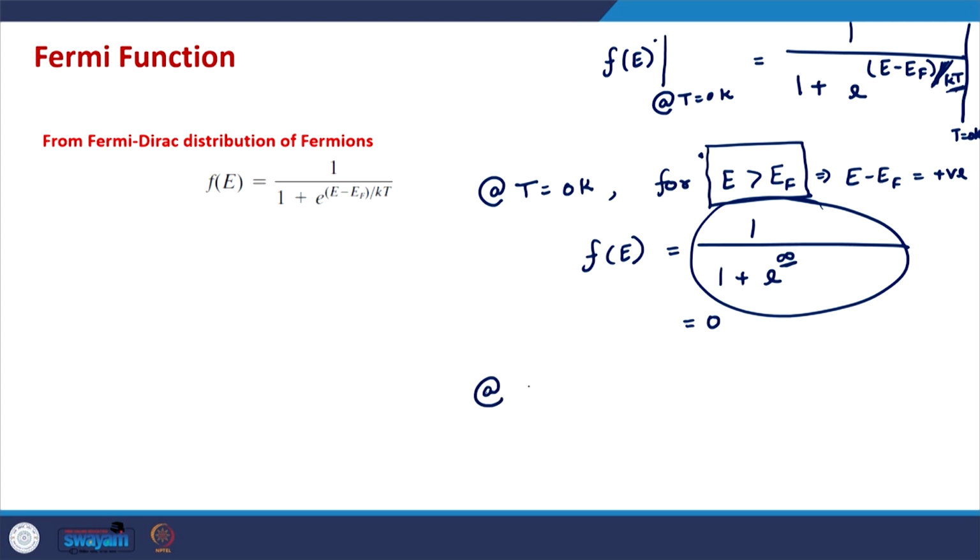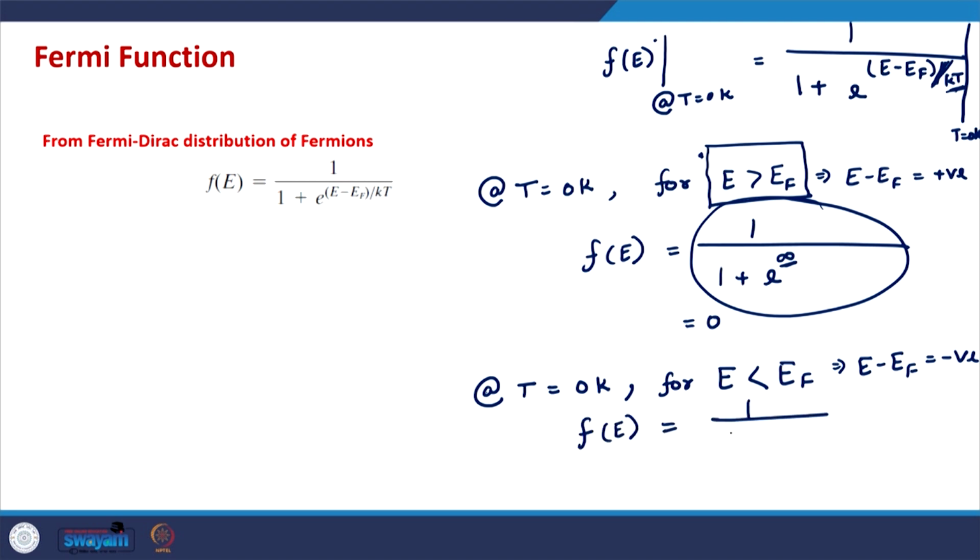Now, let us see what happens to energy levels below EF. So, at T equal to 0 Kelvin, for all energy levels that have energy less than EF, E minus EF will be negative, and the Fermi function will be 1 by 1 plus exponential of minus infinity.